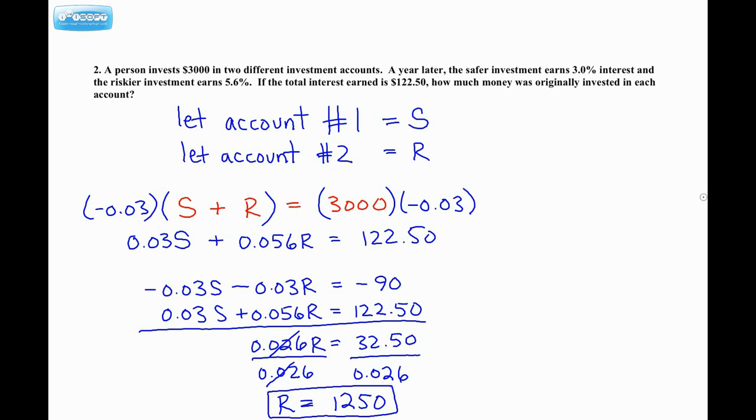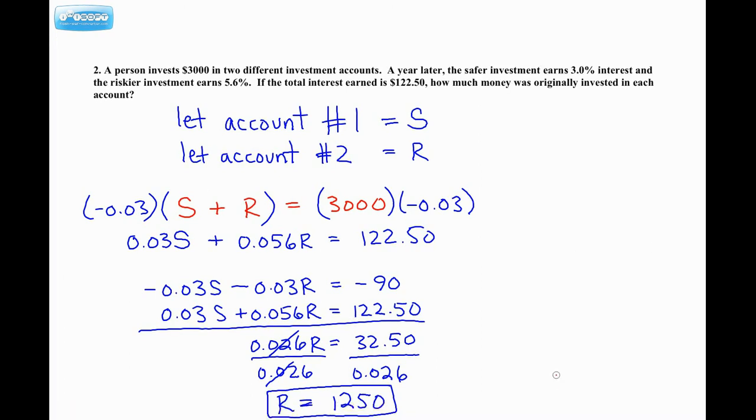So the only thing we need to do now is determine what was invested in the other account. And that's pretty easy. We can use any equation, but I would use the one in red. That was the simplest. So S plus R, but I know R is already 1250. So S plus 1250 is 3000. Okay. Well, let's solve for S.